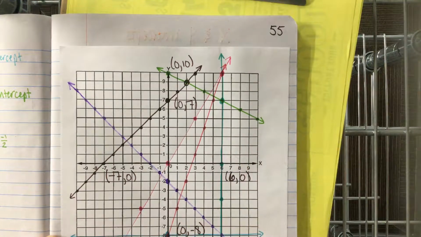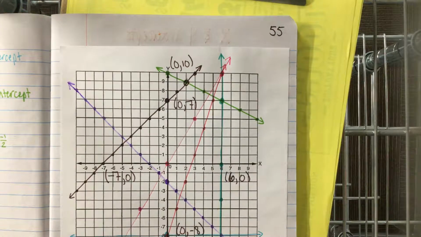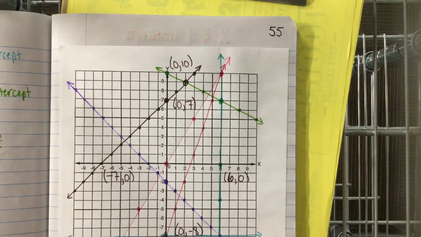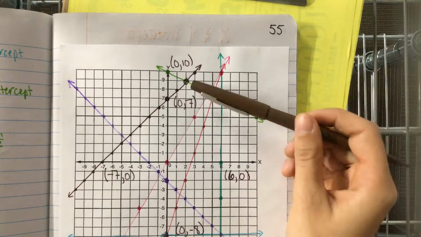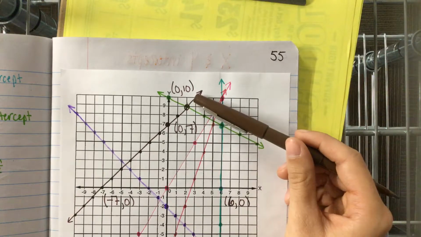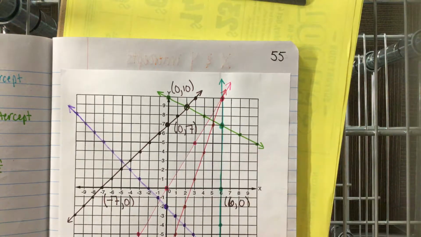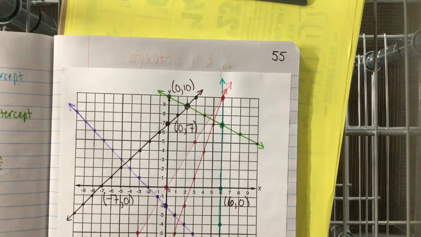So what's my y value for all my x-intercepts? 0. Pretty neat. So anytime I have a y-intercept, my ordered pair is going to look like 0, comma, the y value. And every time I have an x-intercept, it's going to look like the x value, comma, 0.